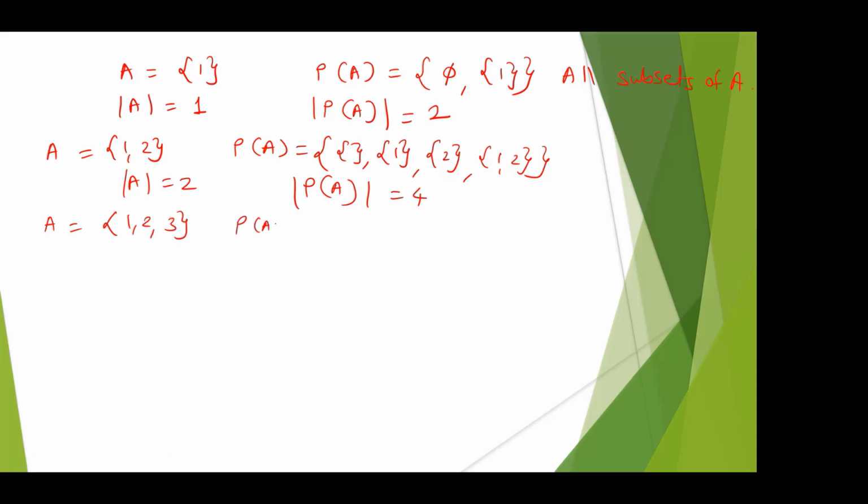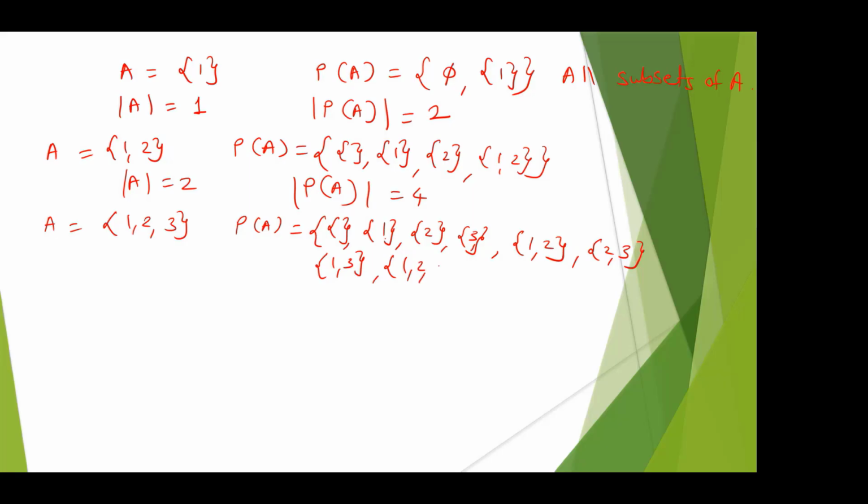So the power set has 8 elements: the empty set, then {1}, {2}, {3}. We can also combine 1, 2, and that will also be a subset of {1, 2, 3}. We can have {2, 3}, or {1, 3}, or {1, 2, 3}. So there are 8 possible sets which are subsets of A.